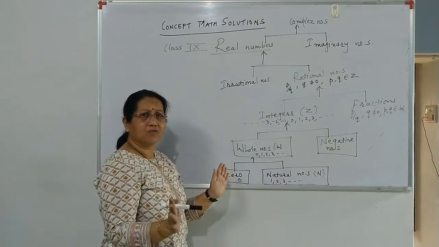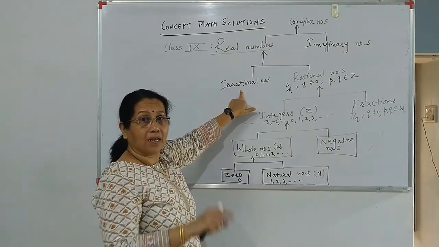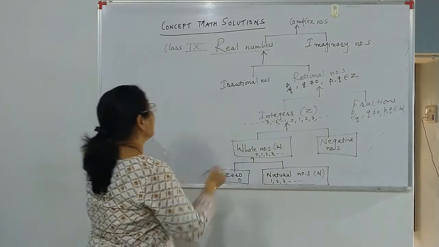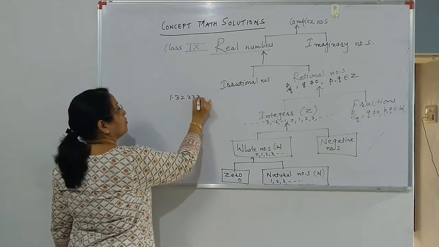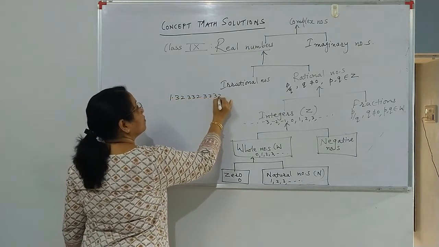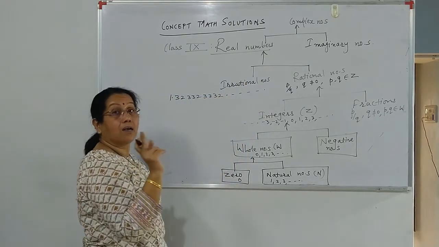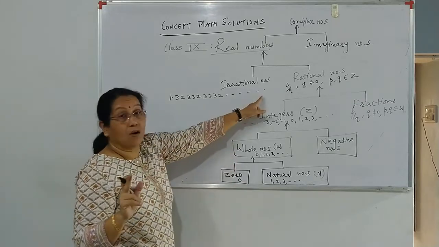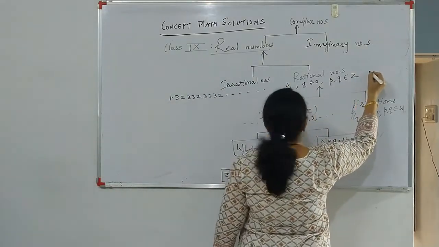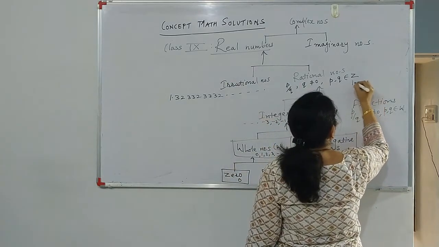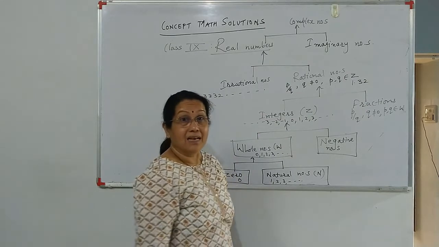One basic difference we must understand is that irrational numbers are non-terminating, non-repeating. Suppose I write 1.3233233323 and so on. It is neither repeating nor terminating. It is not ending, right? Whereas if I write the decimal of a rational number, say 1.32, it's a rational number because it terminates.